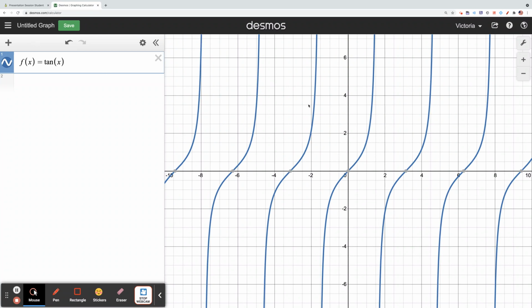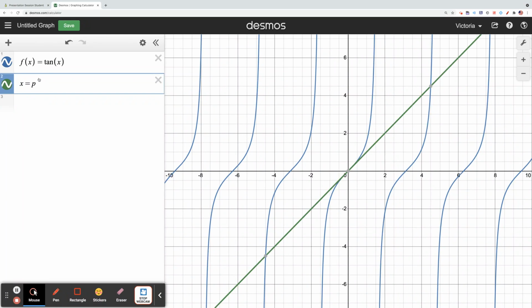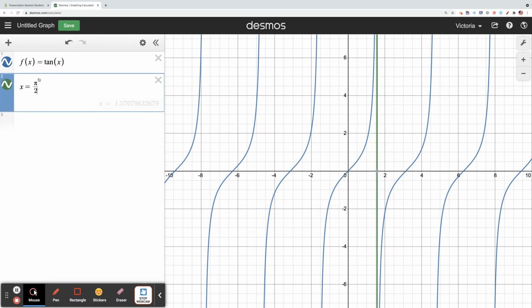Ooh, look. So I'm going to do a vertical line at pi over 2. I'm going to say x equals, and I'm just going to type pi. That's how you do it on Desmos. There's pi over 2. There's my vertical asymptote. And I can even make it a dotted line, which is super cool. I think there's another vertical asymptote at negative pi over 2.